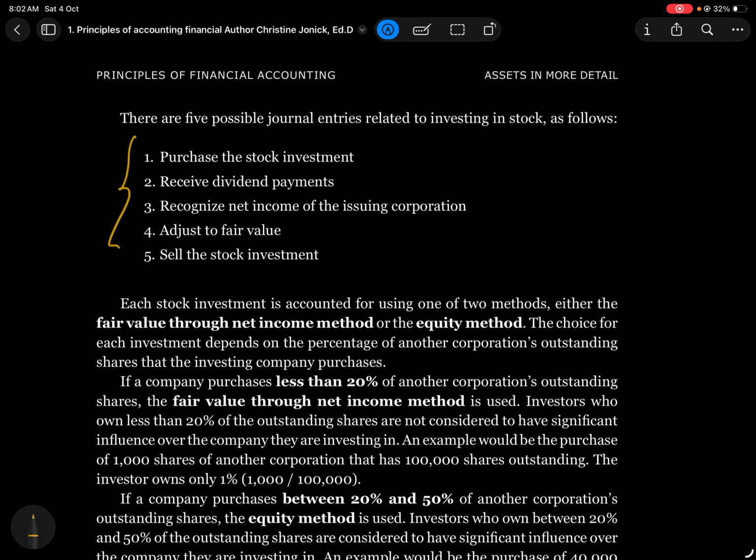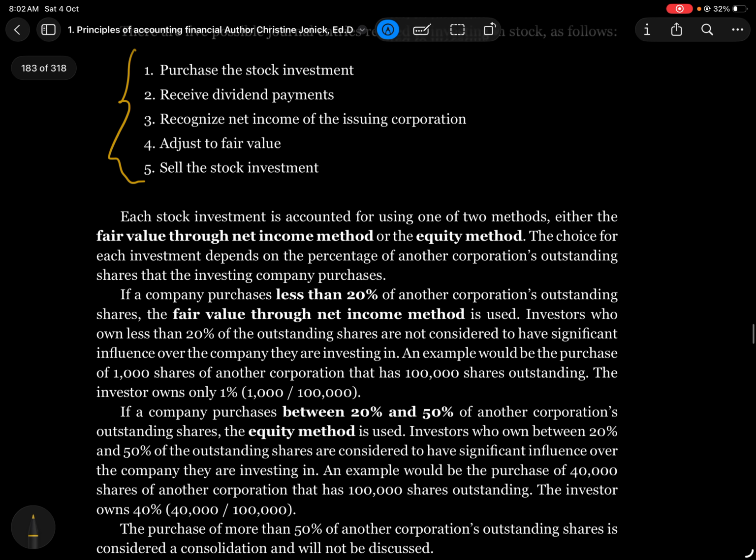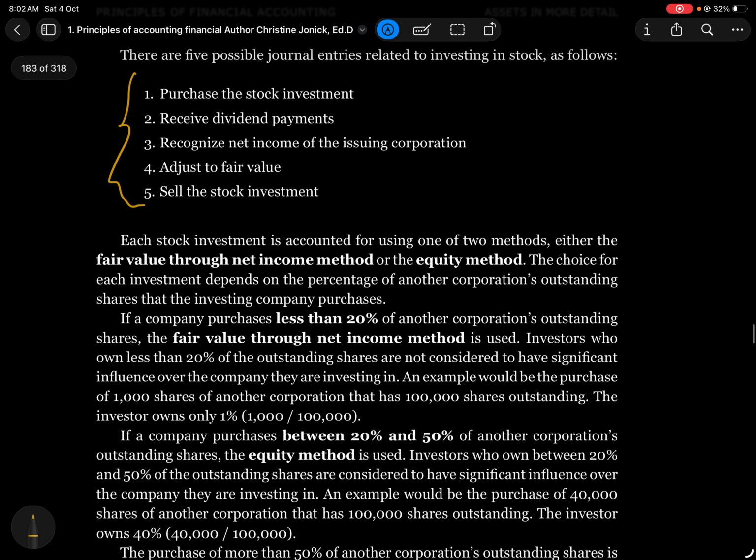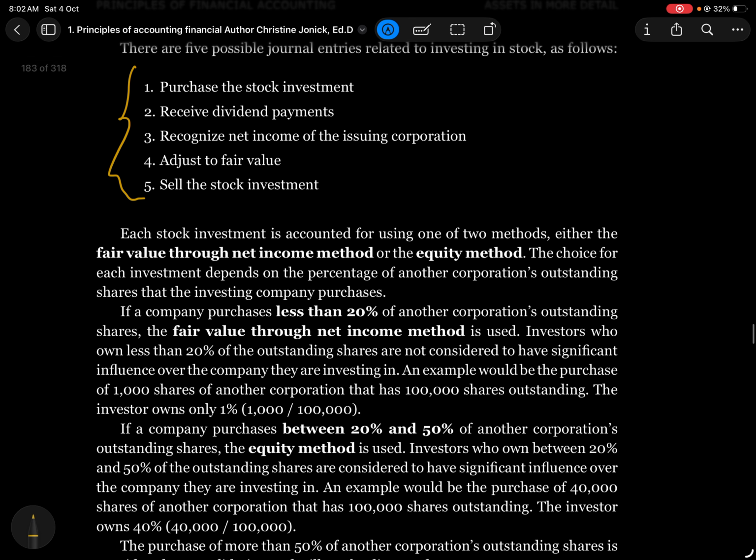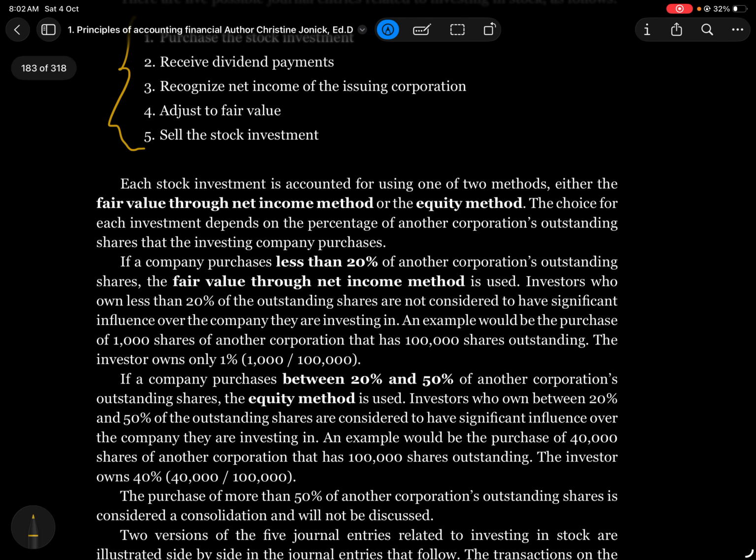There could be all these journal entries: whenever we purchase, we give out cash. We receive dividend payments, and we have income from it. We recognize any other capital gains. When we sell it, we sometimes have to adjust the fair value, and remove the value from the investment.